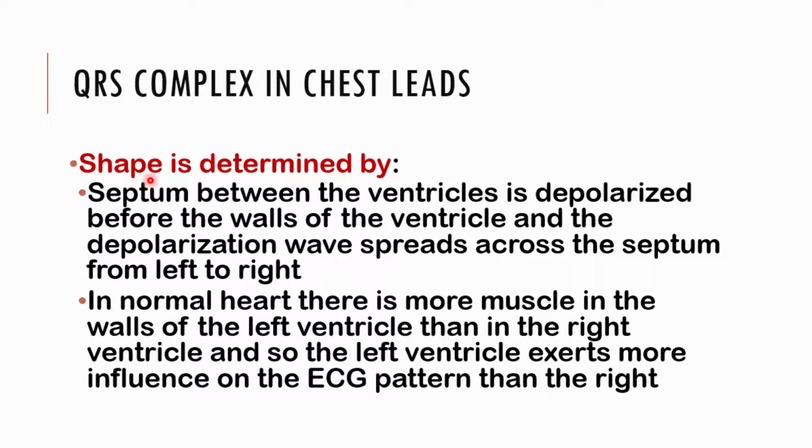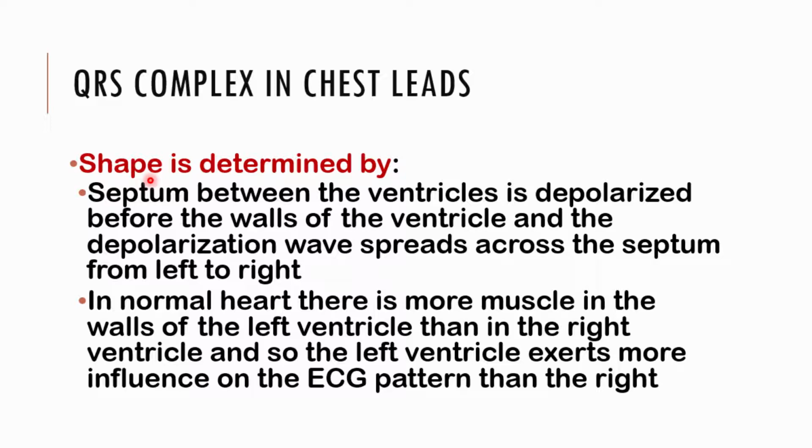Okay, now take note of this, because remember when I told you that the progression of the height of the QRS complex increases from V1 to V5. And remember, V1 is on the right and V5 is on the left, so keep that in mind.